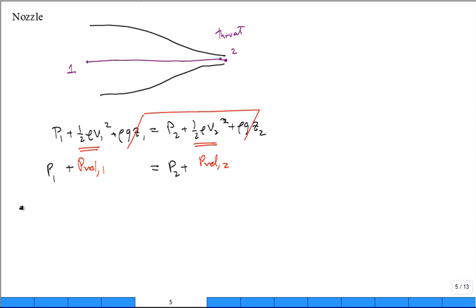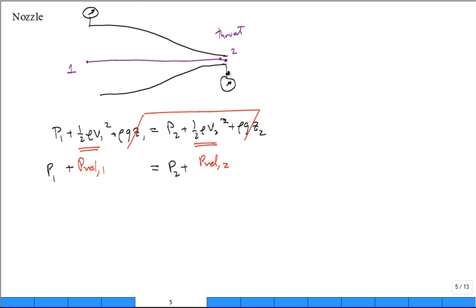That's true. True? I can come up here, put a little pressure gauge right here, and measure the static pressure at 2. Is P2 lower than P1?